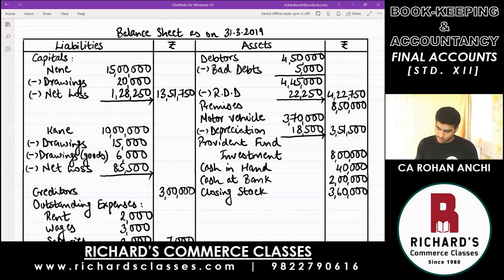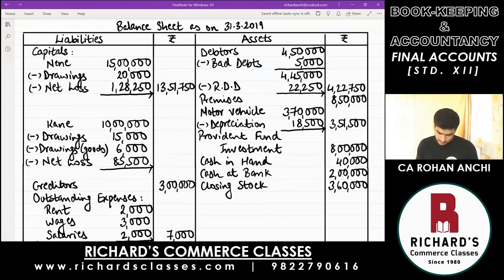Do the calculation also for Kane. Anybody?